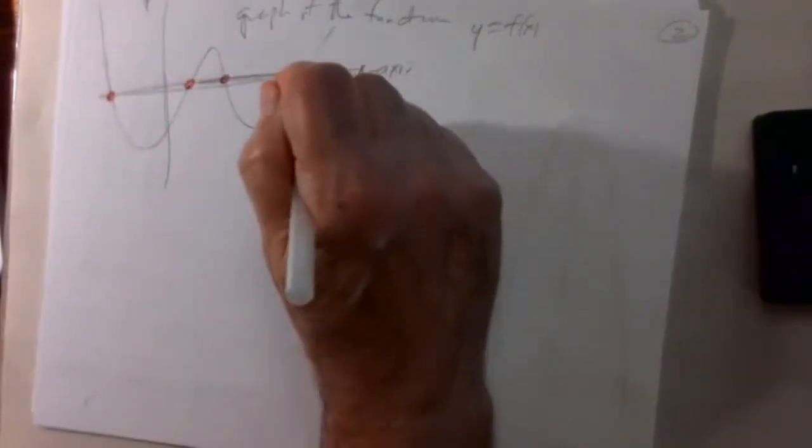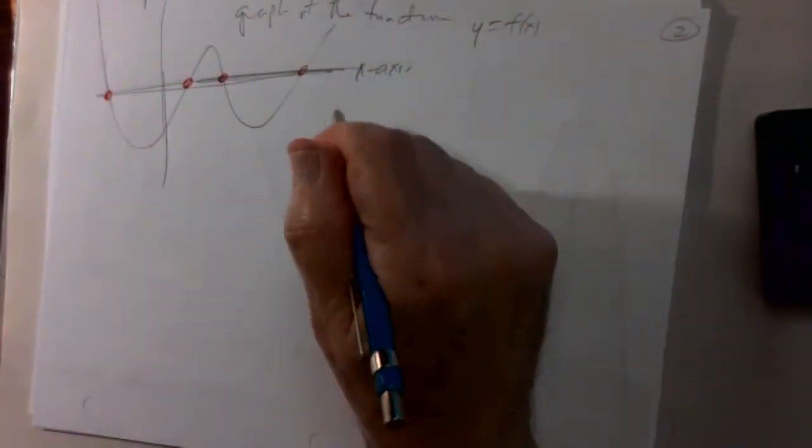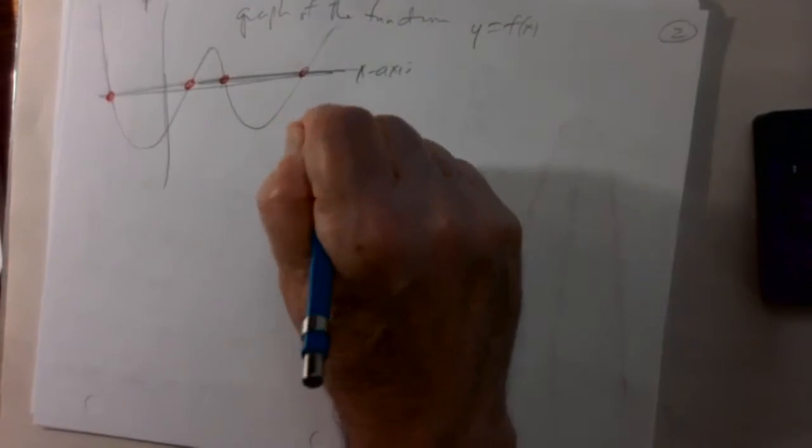And this graph crosses the x-axis at certain points. It crosses the x-axis here, and here, and here, and here. So these are called the x-intercepts.